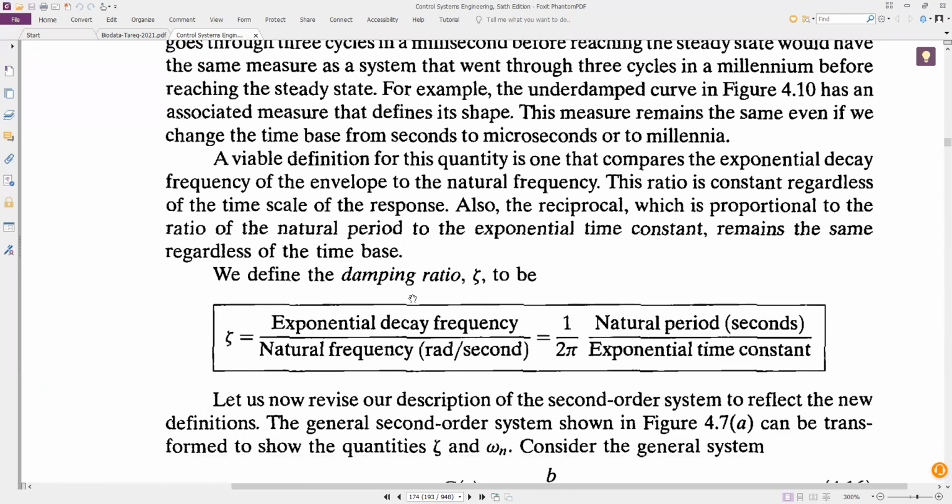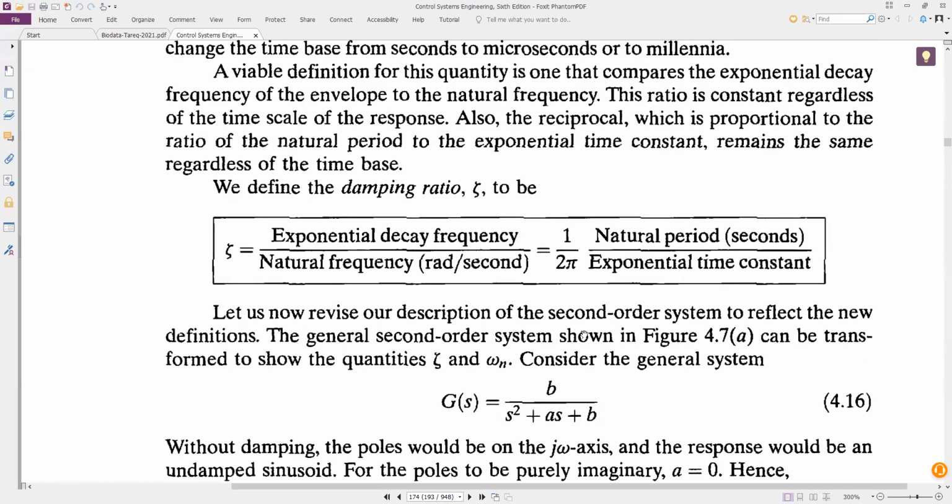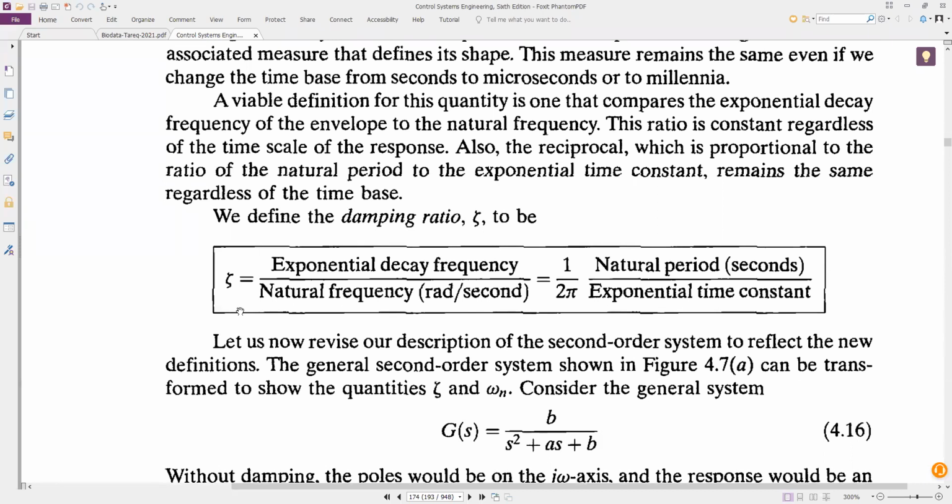So that is the damping ratio zeta: exponential decay frequency divided by natural frequency, or 1 over exponential time constant times natural period. The damping ratio zeta can be written like this.